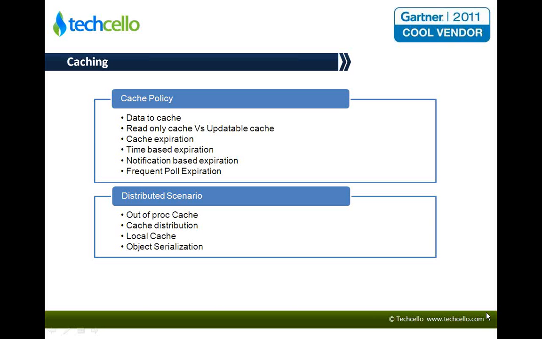And even if you are going to host it in, let's say, a cloud, you have a lot of distributed cache support from both Amazon as well as Azure. So look at those services and try to use them instead of building all these things by yourself, because most of it is available out of the box, off the shelf, and you can definitely leverage those. So that's on caching.